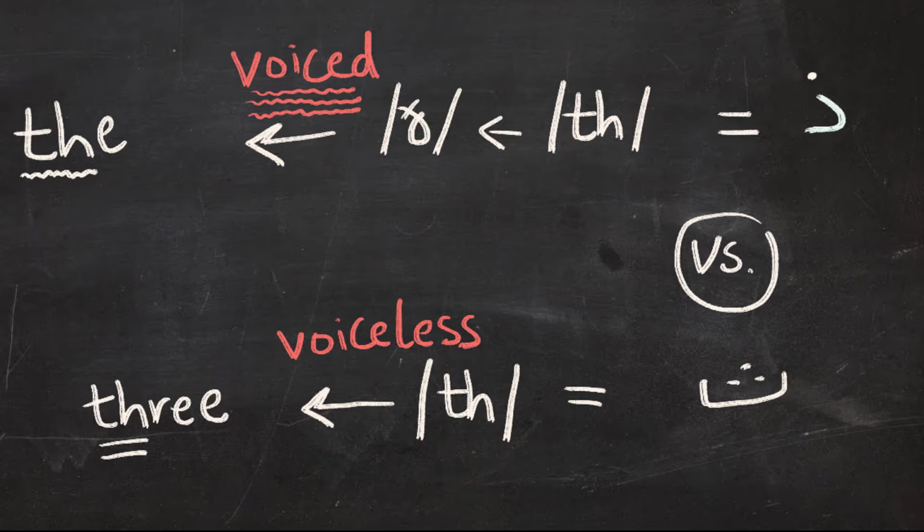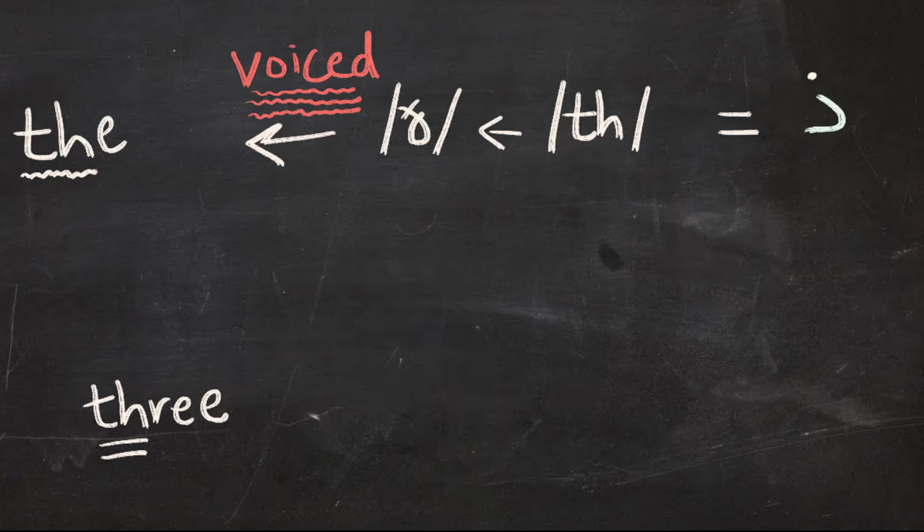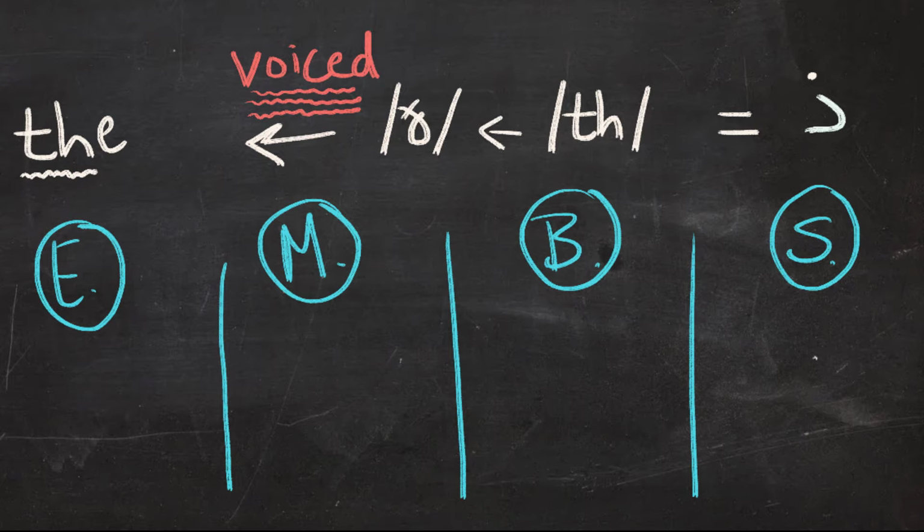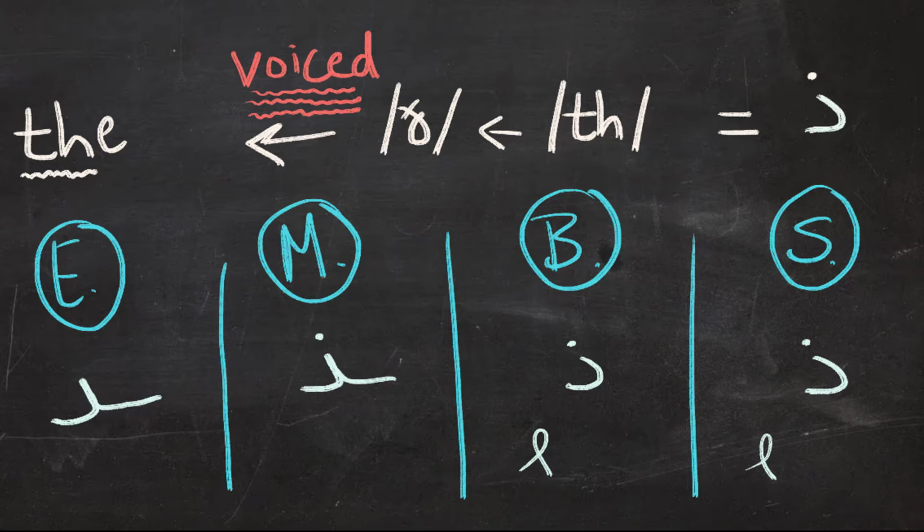In contrast, if you try to pronounce th, which is a voiceless sound, you will notice that there is no vibration whatsoever. In any case, if your first language is English, this should not be a problem because you already have these 2 sounds in your first language. Moving to the 4 different positions of the letter, as you can see, they are very similar to the Dal because they belong to the same family.